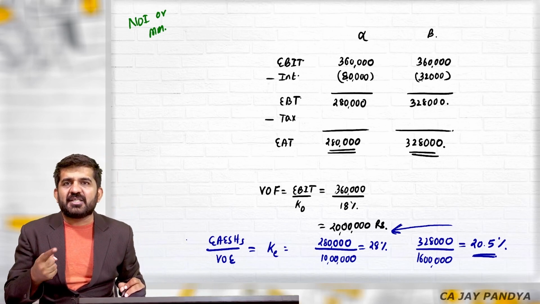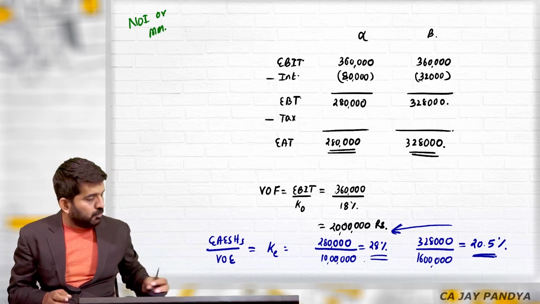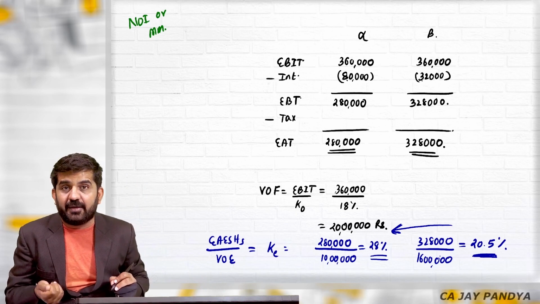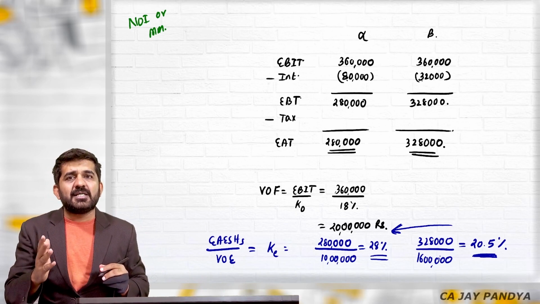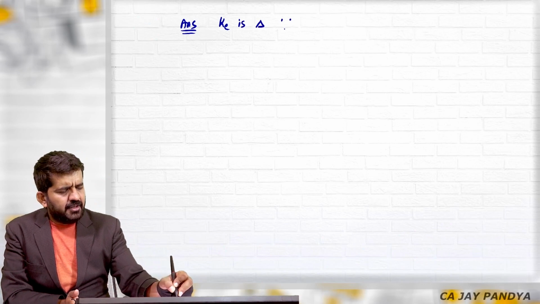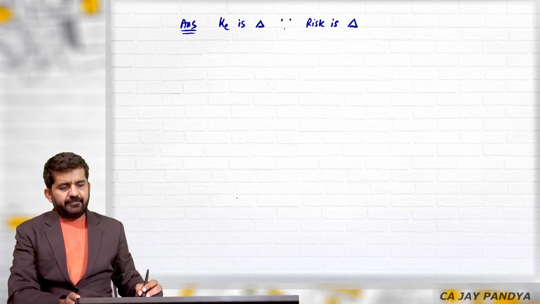Which is more risky? Alpha is more risky. What is the required rate of return of equity shareholders in Alpha? 28%. In Beta? 25.5%, because the risk is different. All right, so answer number 1 says KE is different because risk is different.